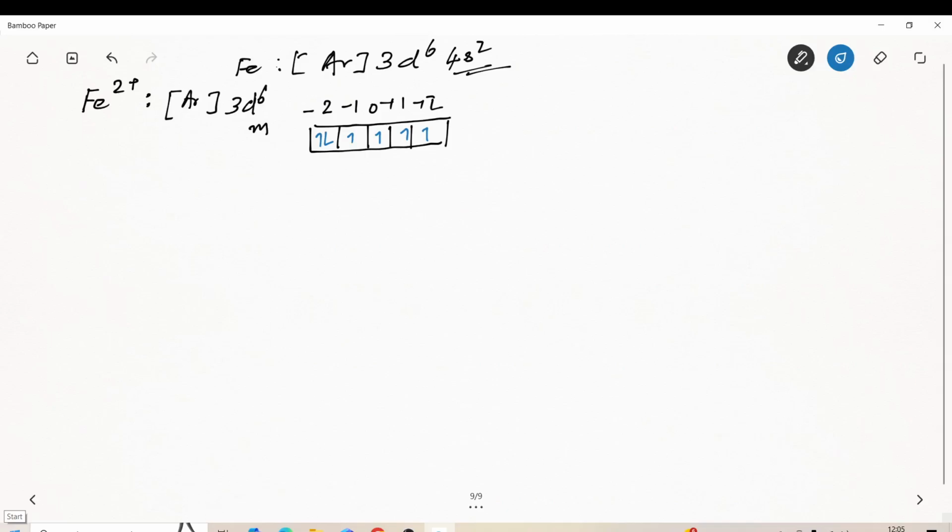So if you want to find out the value of capital L, see, do it yourself here: -2, -2 for the two electrons here, next to it -1, 0, +1, +2. Right? So the value of L is 2, 0, 1, 2, S, P, D.